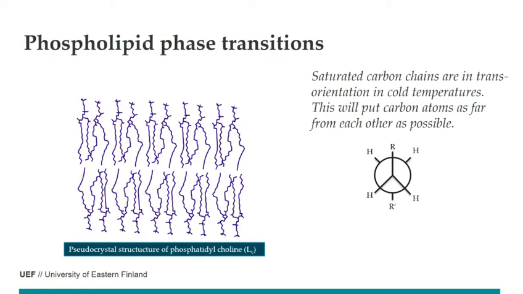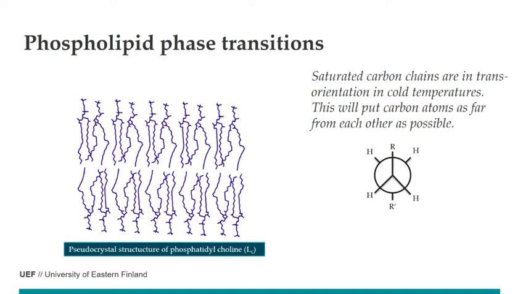If we are looking along the axis from one carbon to the next carbon, the previous carbon that is toward us is upward, over there is the R, and then the next carbon, after one bond, is downward. That's why it's making a zigzag in all these pictures. And this puts all the carbon atoms as far from each other as possible.